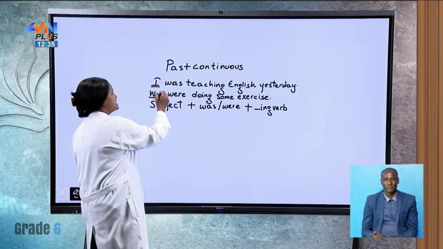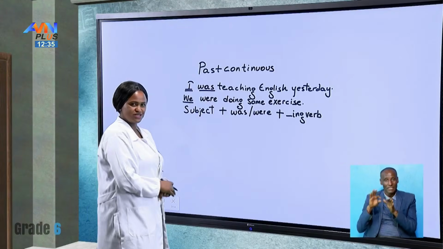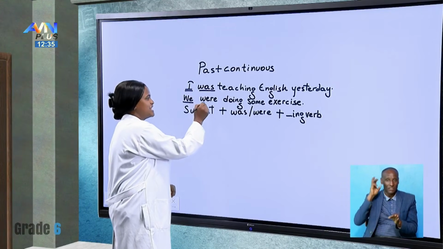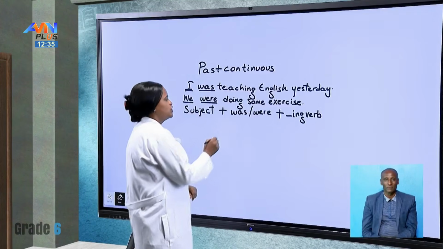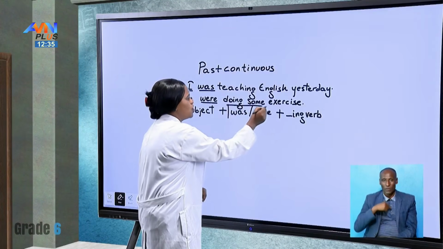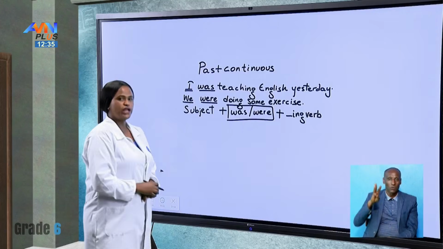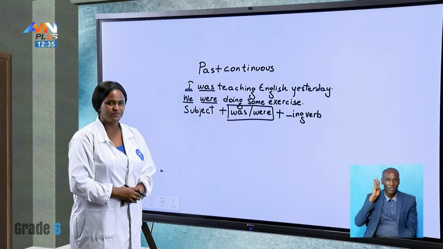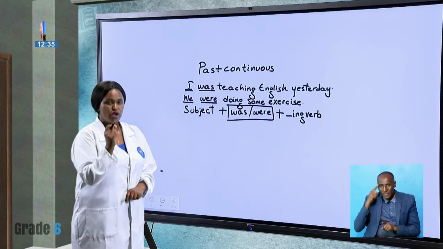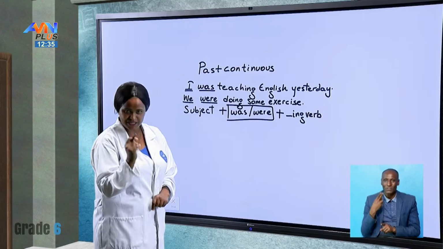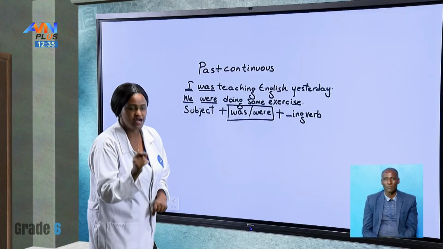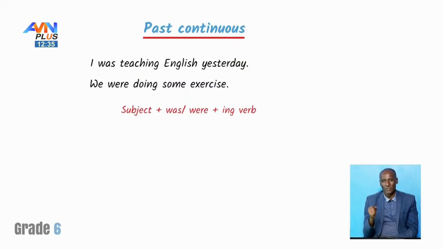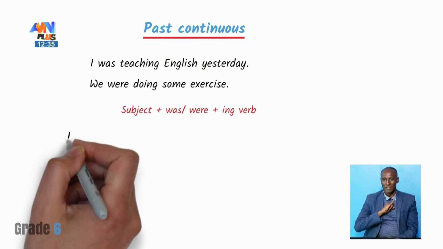Now, let us see something. Here on the first sentence, I said was. And then on the second sentence, were. Even on the form, we said was or were. When do you think we use was? We use was when we have a singular subject. Look, I. It's one person, right?